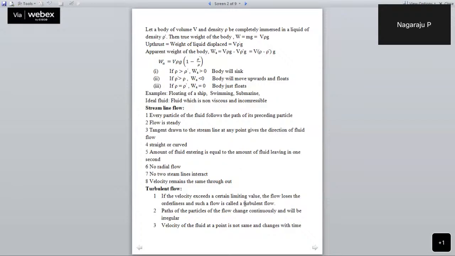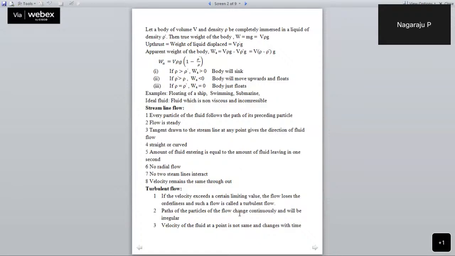Another word for this is turbulent flow or turbulent motion. And the paths of the particles of the flow change continuously and are irregular. That's what I told you. The water which is coming and hitting the rock or any other object which is there will go back.